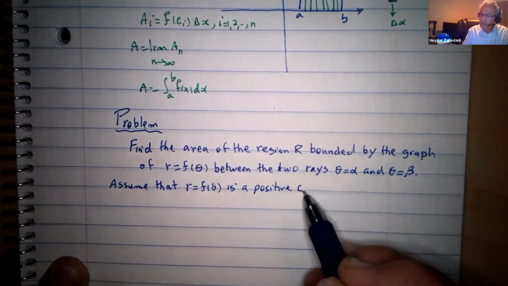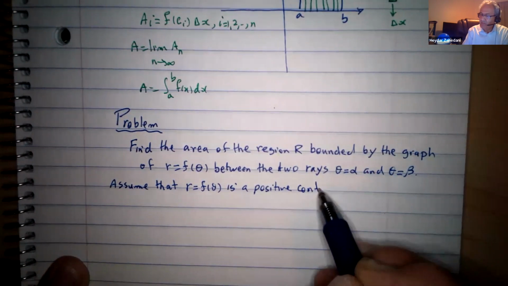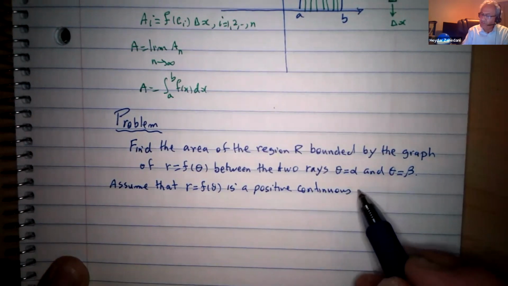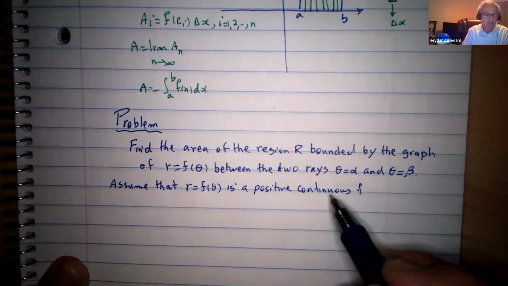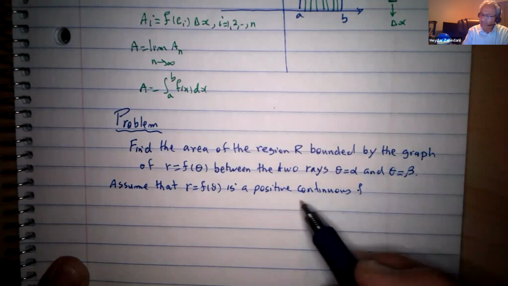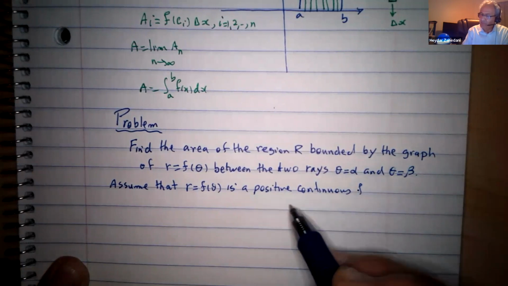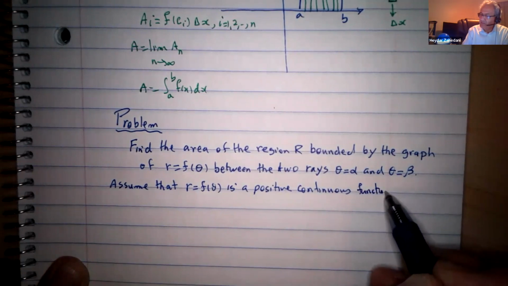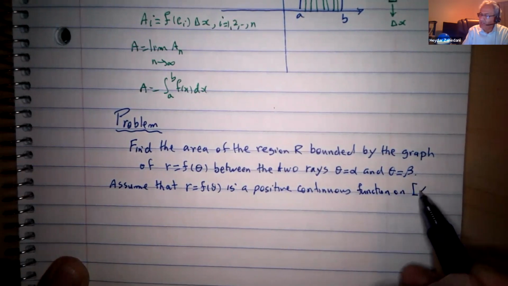So that equation is going to be a positive continuous function on this interval, alpha and beta.